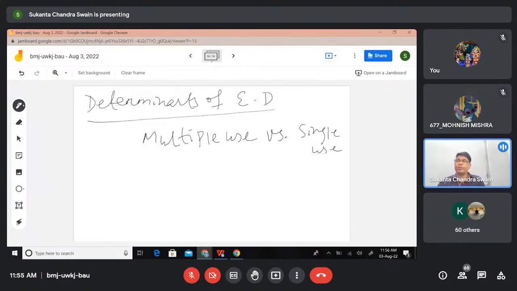Single use doesn't mean that once used and thrown. No. On one head it can be used. So between these two, which is more elastic and which is less elastic? If the commodity in question is meant for alternative uses, is it more elastic or less elastic? And if a commodity is meant for a particular use, more elastic or less elastic?